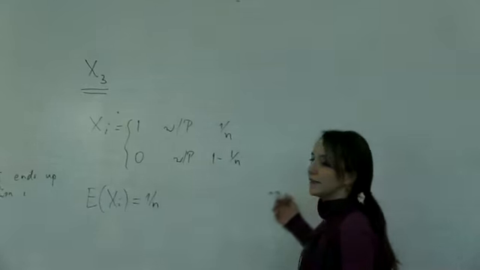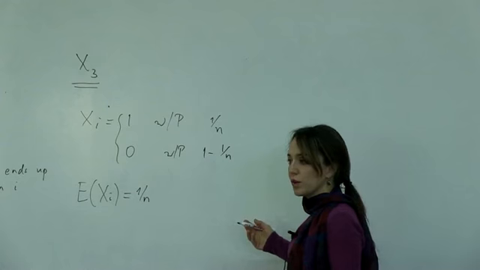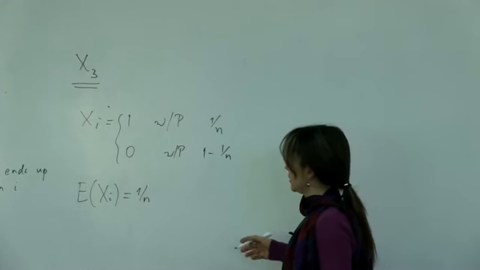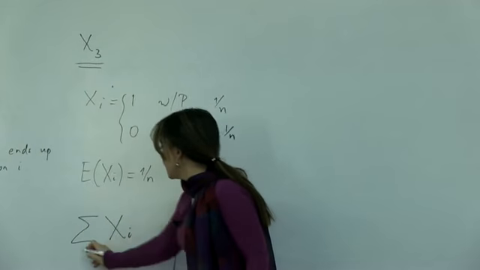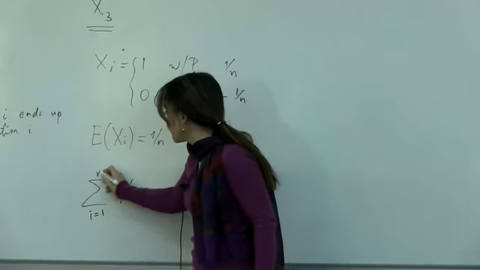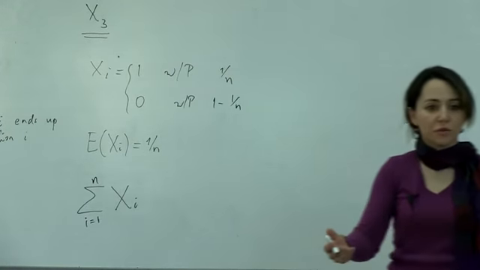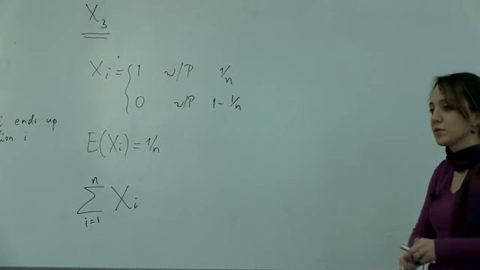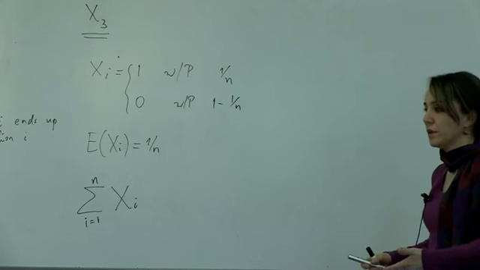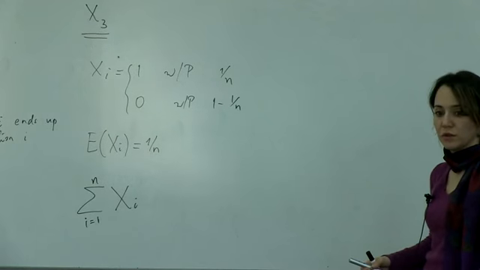Now the number of numerals ending up in their original locations is nothing but the summation of xi, i from 1 to n, because it just counts. When we add x1 and x2 and x3, it just counts the number of numbers whose locations don't change.